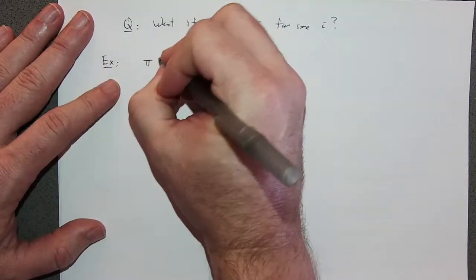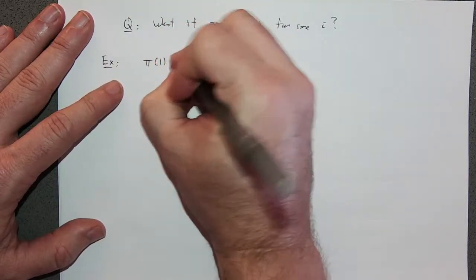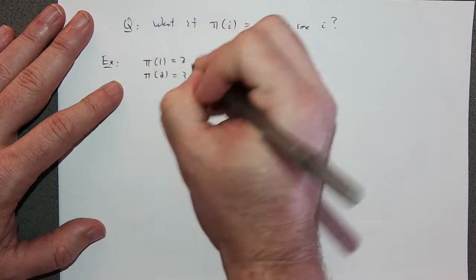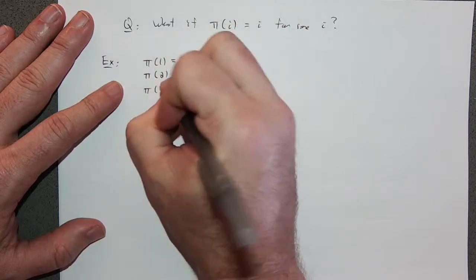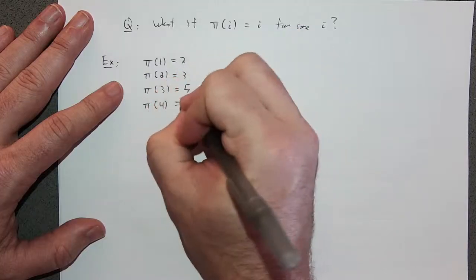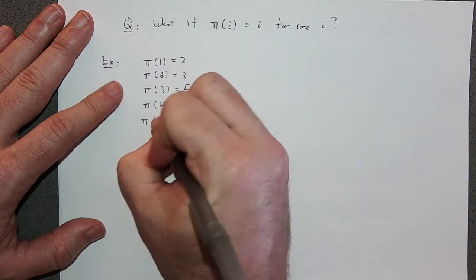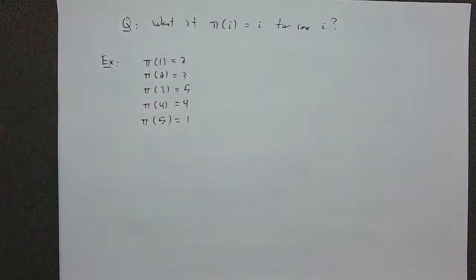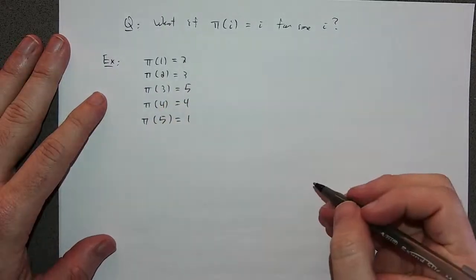Let's say pi of 1 is 2, pi of 2 is 3, pi of 3 is 5, pi of 4 is 4, and pi of 5 is 1. What would this look like in cycle notation?